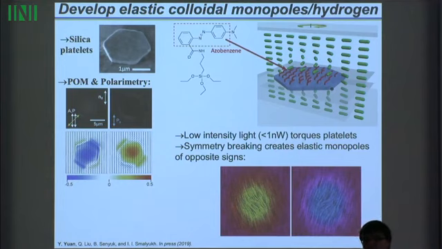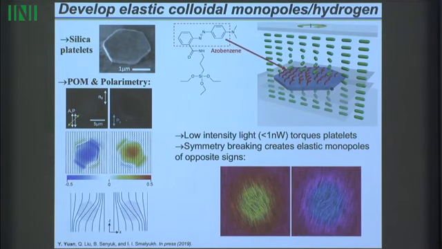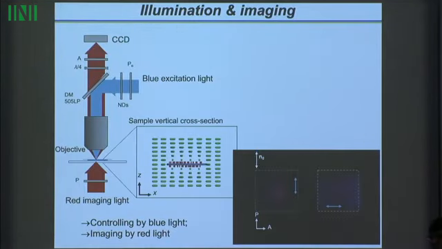And indeed, we can see that these particles rotated in two opposite directions as we control polarization of light. When the polarization of incident light is parallel to the far-field director, those two states can occur with equal probability, but as we rotate that polarization away, we can control which of these two elastic monopoles we obtain. And so around the particle, we have monopole-type distortions.